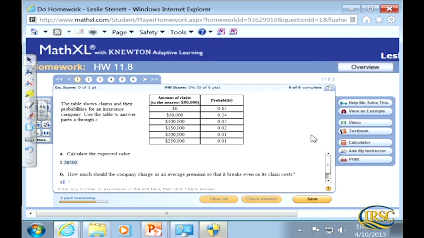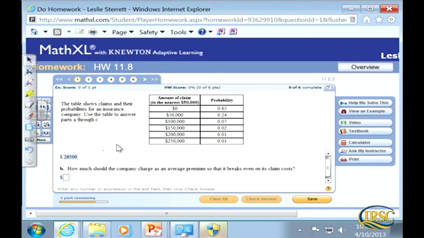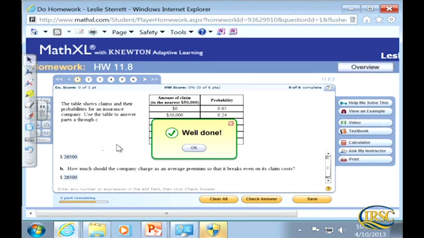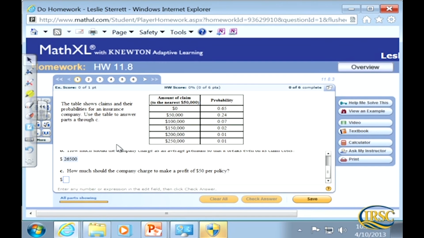You'll break even. That's what breaking even means: you're not under what you owe, but you also are not making any money on that. So breaking even is $26,500. Well done. Again, this does not mean that they're going to collect $26,500 today from their client. They're going to break that up over payments.